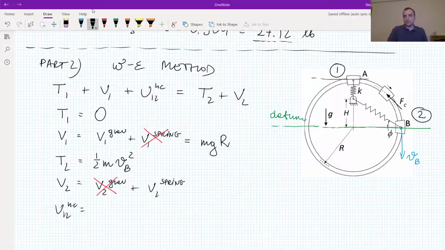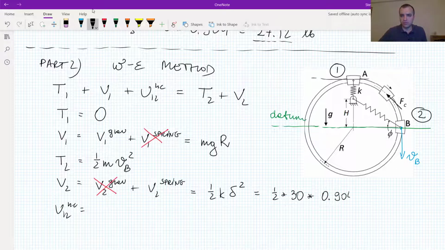But our spring is stretched, so we will have 1/2 K delta squared, where delta was calculated by us earlier. This expression will be 1/2 times 30 times 0.904 squared. Okay, so again, 80% of the problem is done because we found T1, V1, T2, and V2.